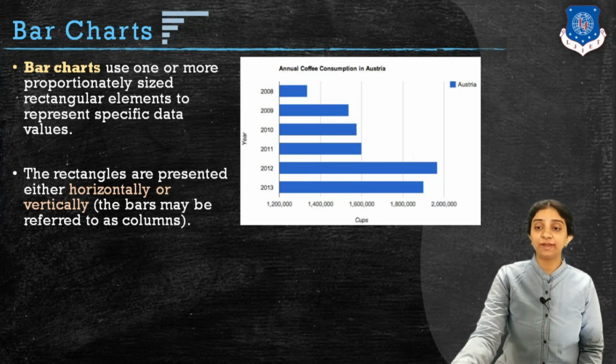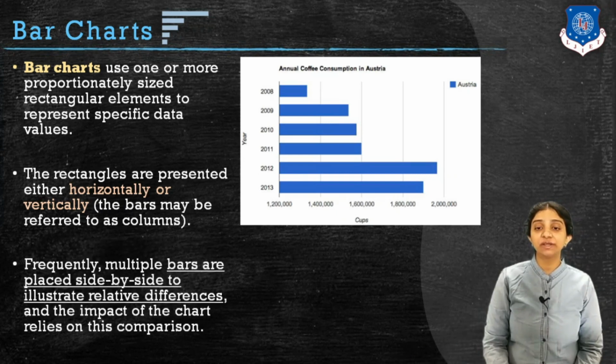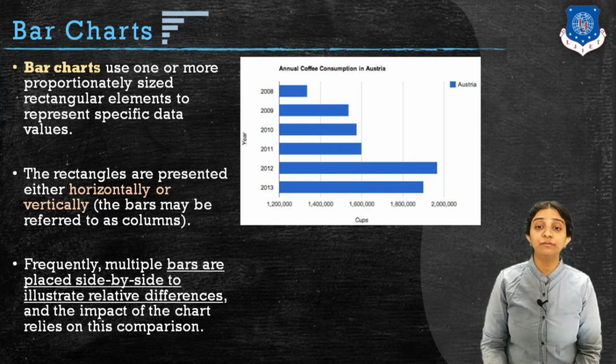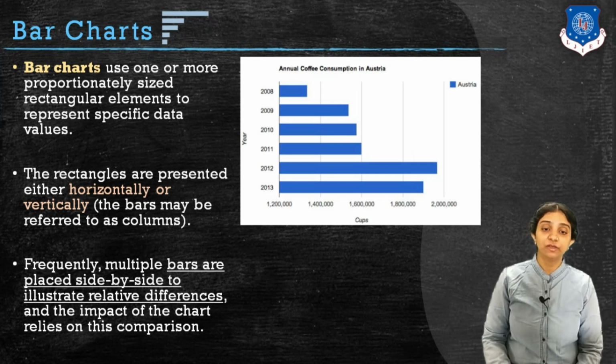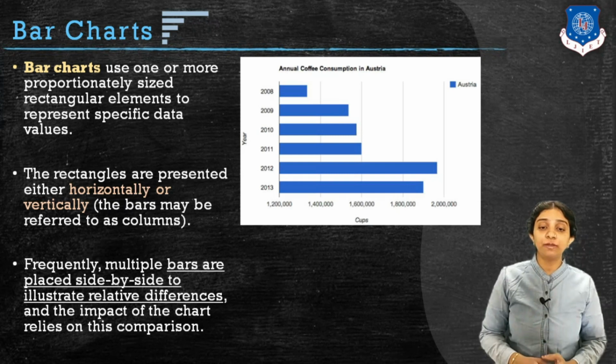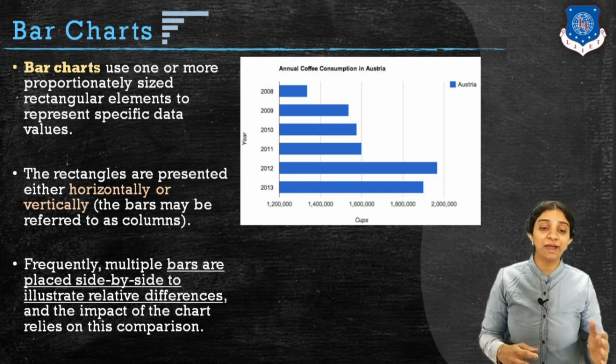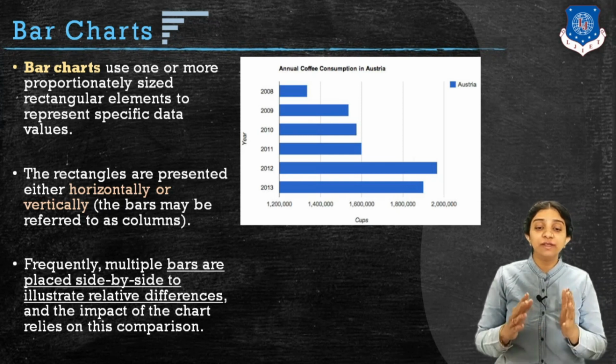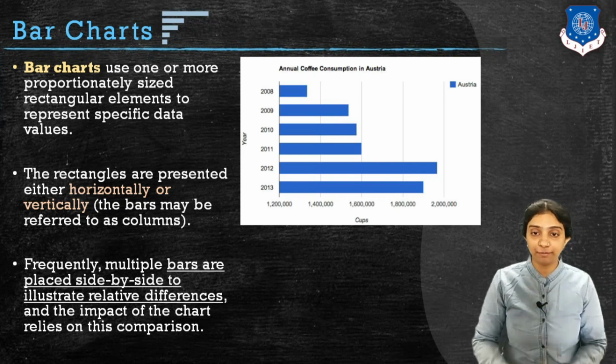Say for example, consider this particular bar chart. In this bar chart, the x-axis is showing the number of coffee cups that have been consumed and the y-axis is showing the coffee consumption over different years. So here there are multiple bars placed side by side to illustrate the relative difference, and the impact of this chart directly relies on the comparison.